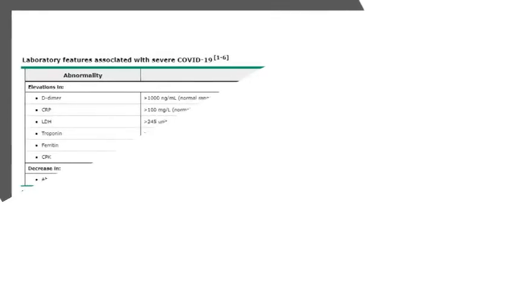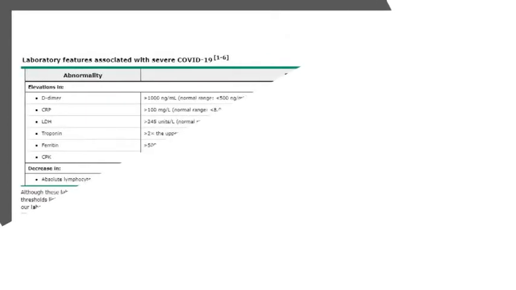So all should be evaluated altogether, not just to manage certain numbers, because most of them are non-specific inflammatory markers which will go up with any inflammation.